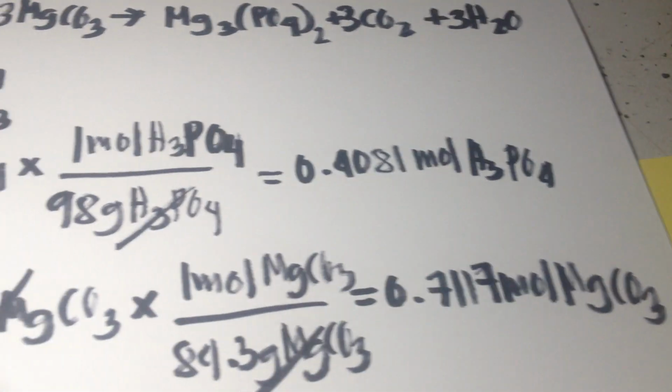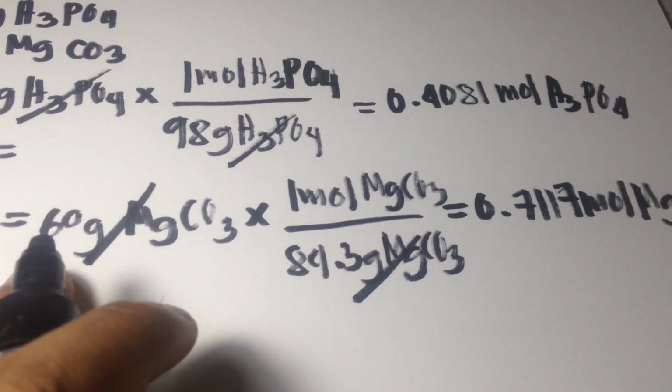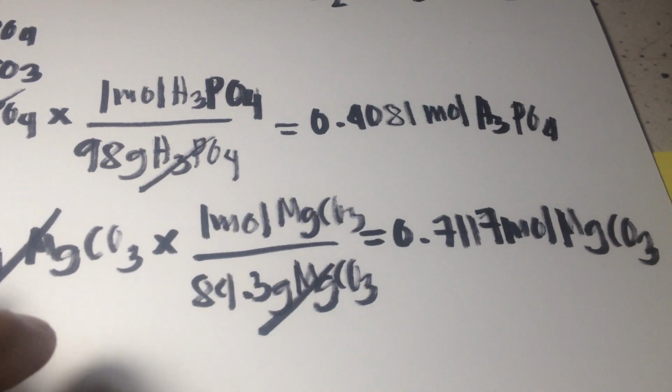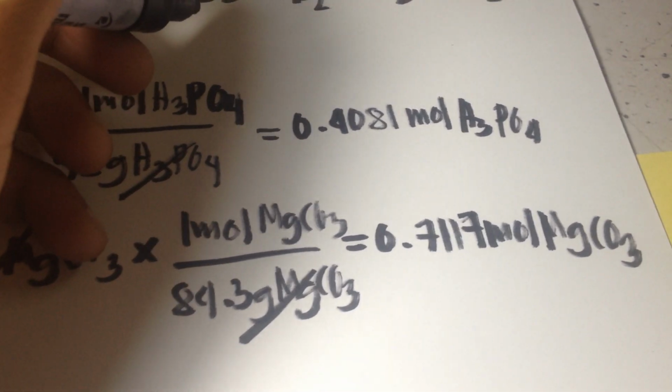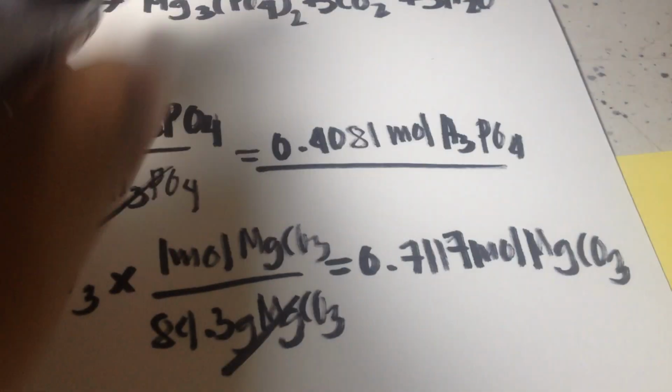Okay, so we have the moles now. And which is the smaller value? The smaller value is the phosphoric acid.